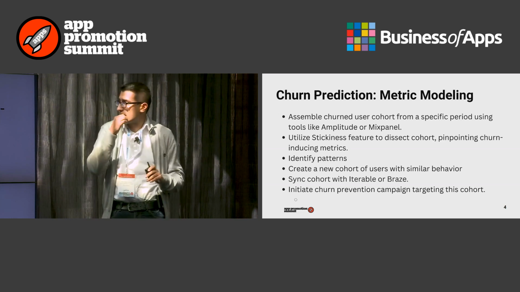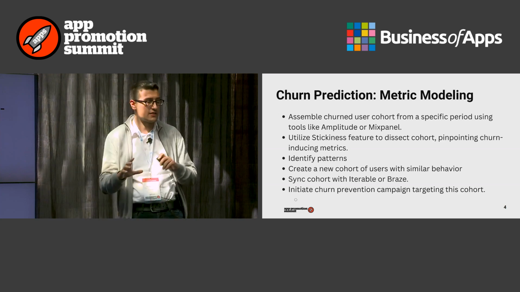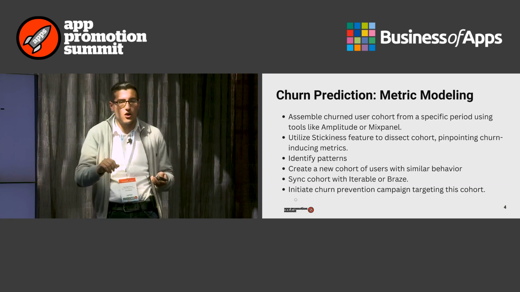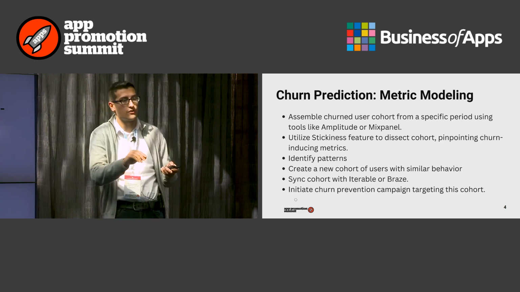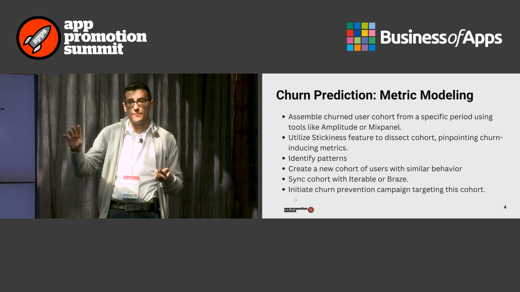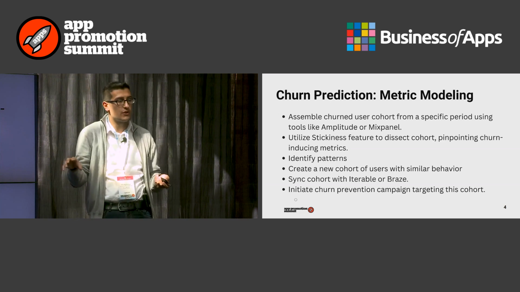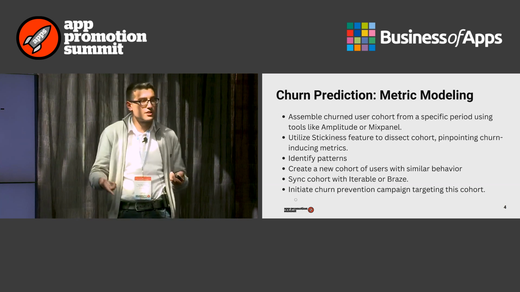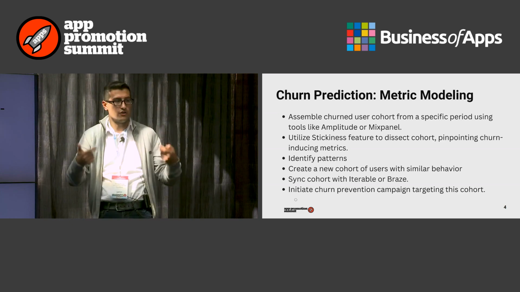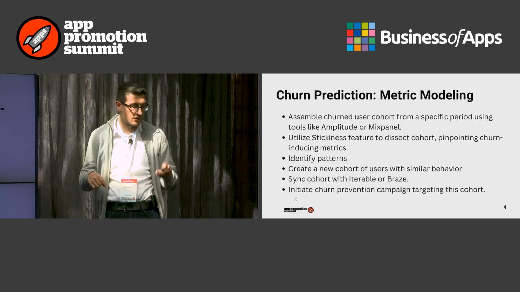You're trying to find common paths or common things that these churned customers did. And then you create a new dynamic cohort of your current subscribers. When they start to behave like your churned customers, you start targeting them through CRM campaigns, making sure that they are coming back to your app or using your product as before.